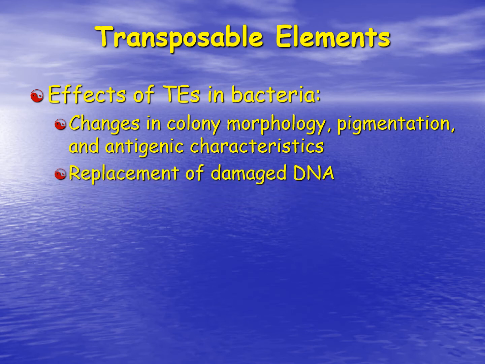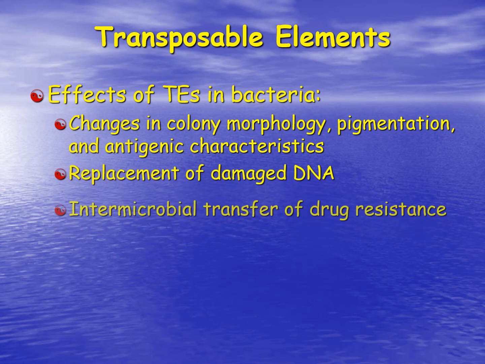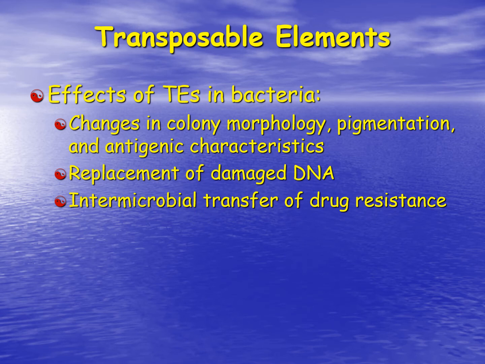They can be used to replace damaged DNA. It can also be involved in intermicrobial transfer of drug resistance, especially if the transposon that's carrying an antibiotic resistance gene is inserted into the plasmid. The cell undergoes conjugation. Now the recipient cell has that gene for that antibiotic resistance.